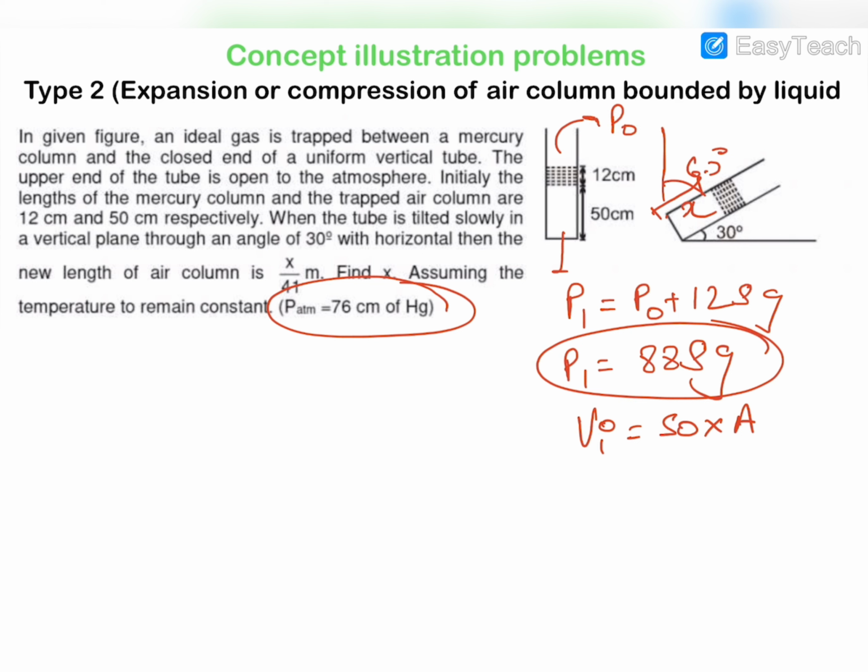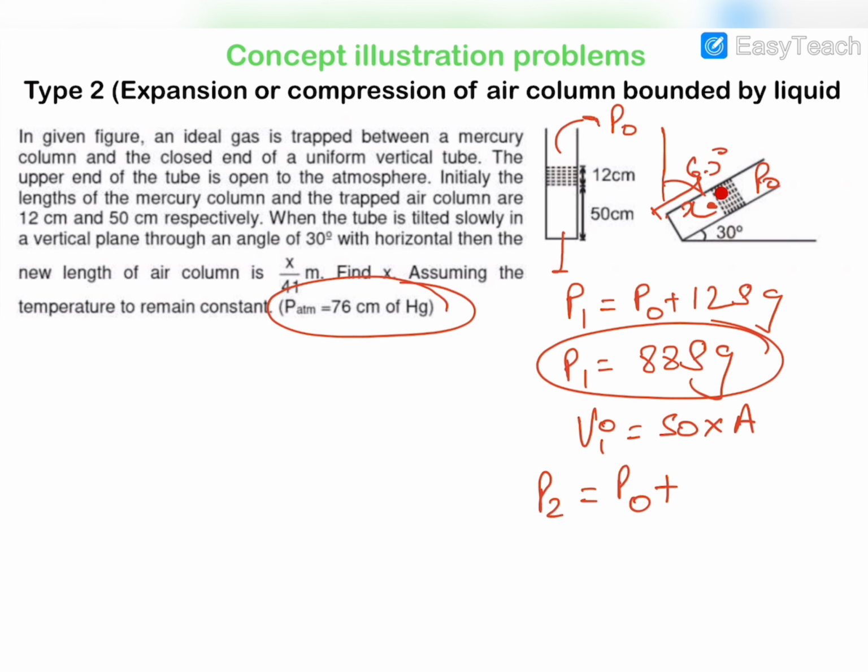Now when we have tilted this tube, the pressure here will still remain P naught, but the pressure at this point will be P2, and P2 will be equal to P naught plus... Now we always know that the length which we have to use while writing h rho g is this vertical length.